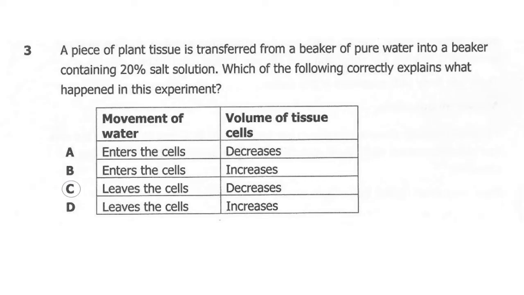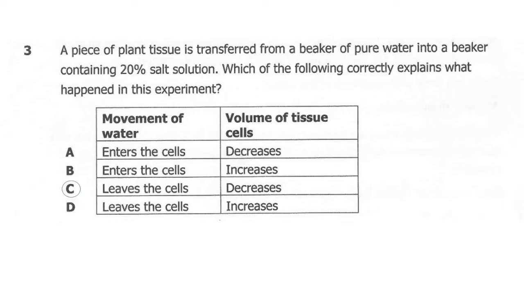Correct answer here is C. Movement of water leaves the cells and volume of the cell decreases. When we have a beaker of pure water, the cell will actually gain water because pure water will be known as a hypotonic solution.